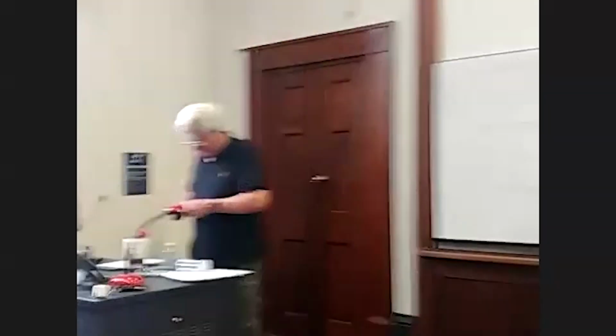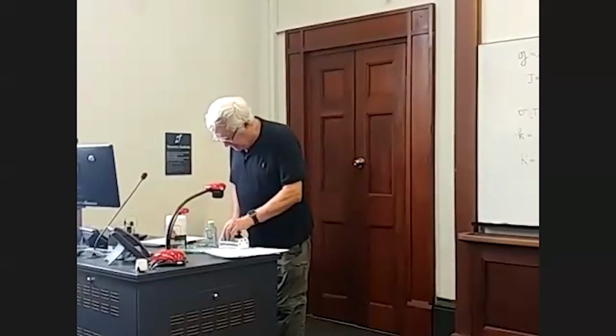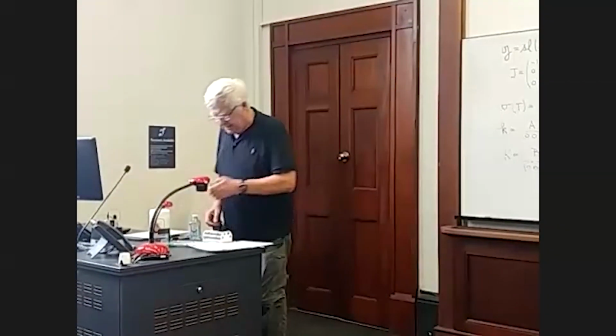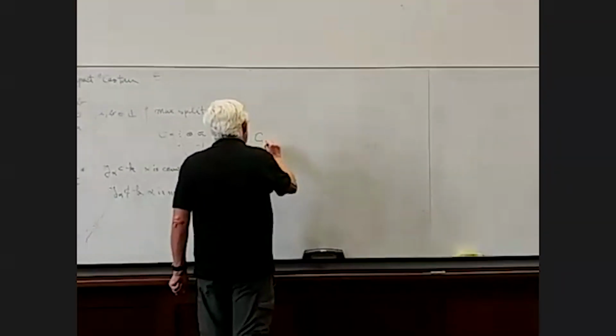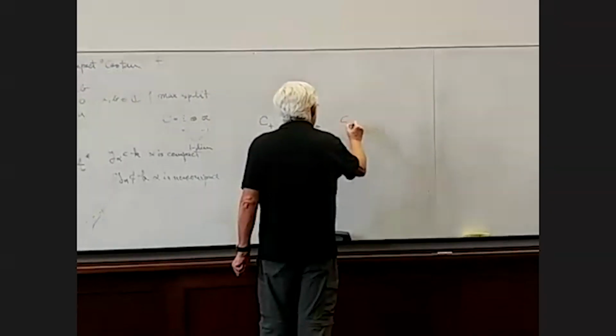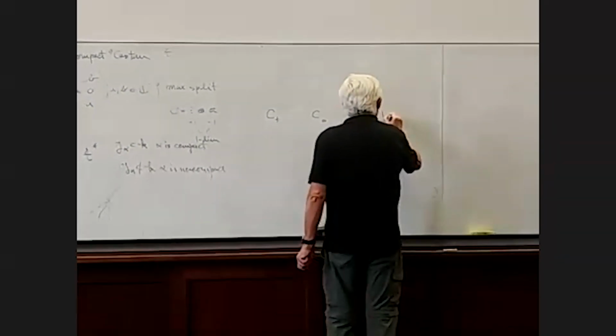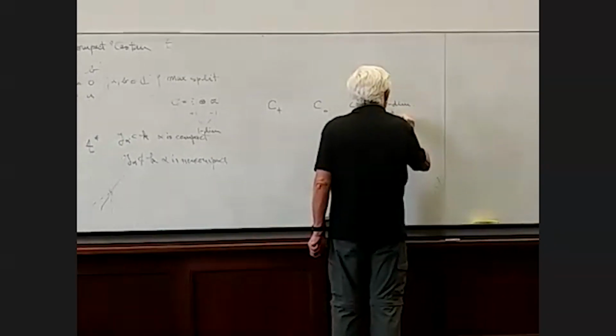Why are they closed? Because in this case, the flag variety is the flag variety of K, so it's projective, its image in X is projective. So I have C plus, C0, and C minus. They're one-dimensional closed orbits.